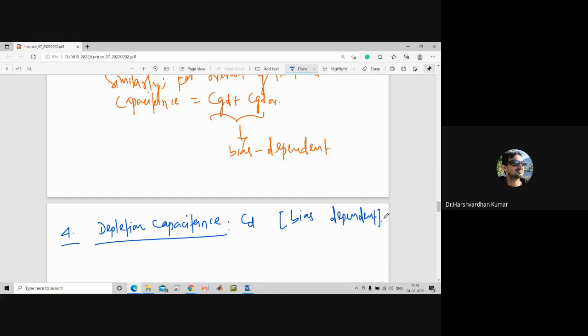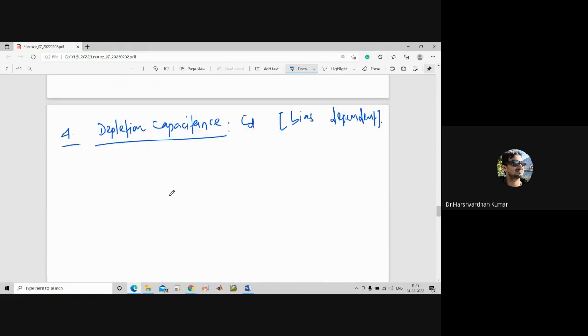If I ask you, from the above four capacitances, which one is bias independent, your answer will be the parasitic capacitance and also the oxide capacitance.